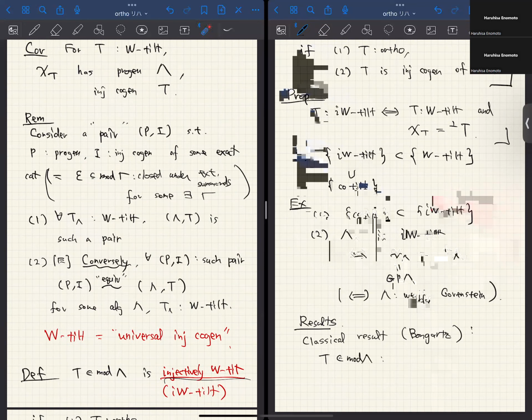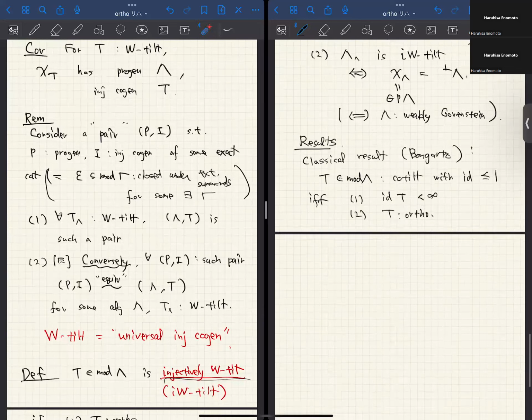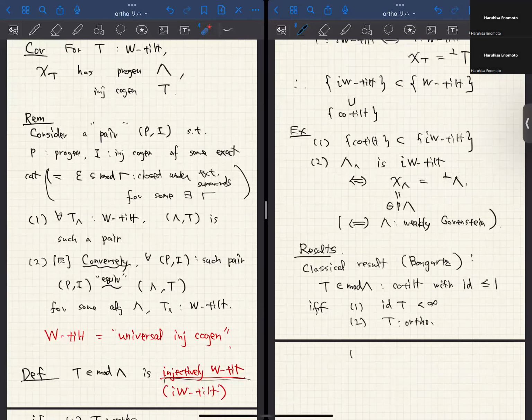Let T be an orthogonal module. His result says that T is a cotilting module, with injective dimension at most one, if and only if it has finite injective dimension and is orthogonal. This is the same as the definition of cotilting module. Sorry, we have to modify this.